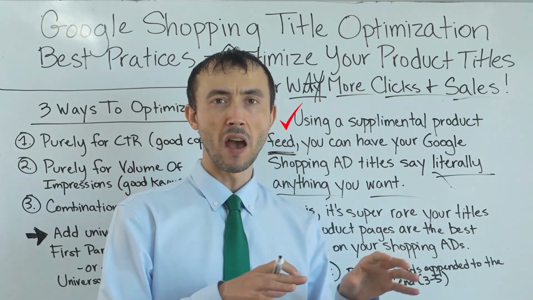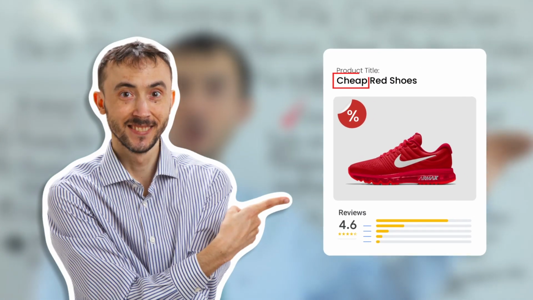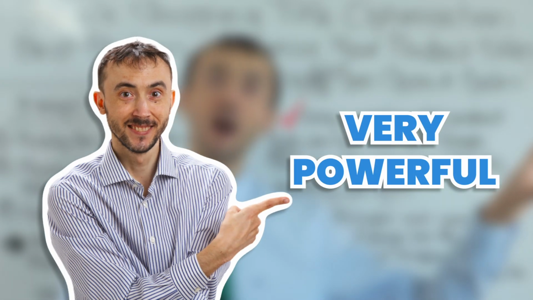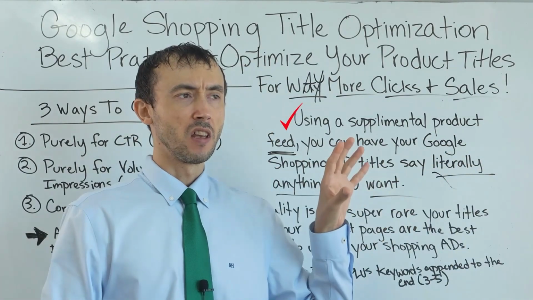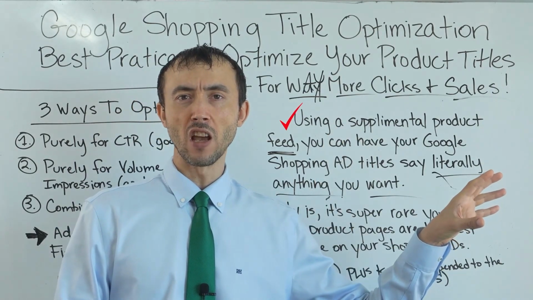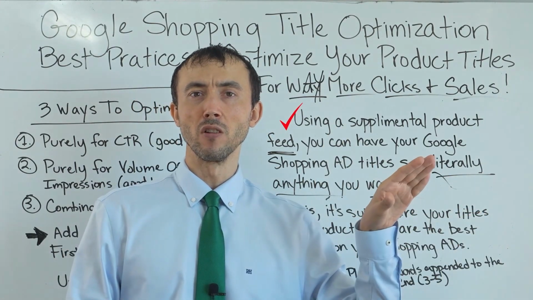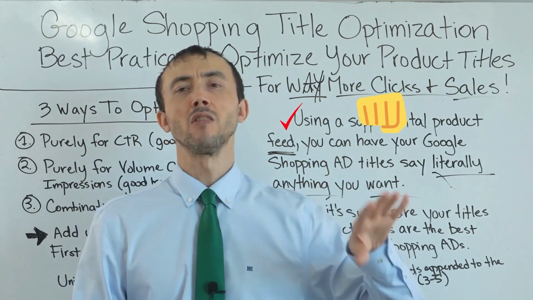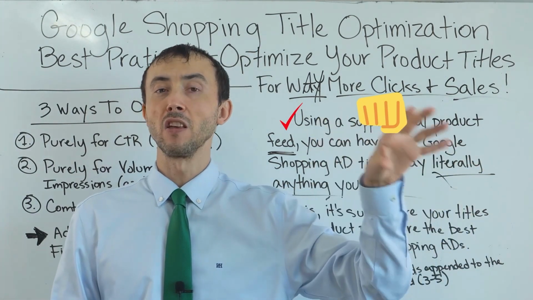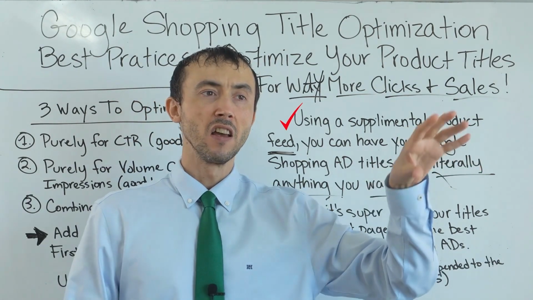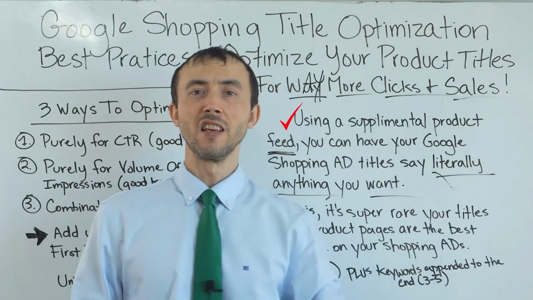Only when you're 100% confident in the strategy you have, whether it's adding the word cheap at the beginning of each of your product titles, or saying very powerful, or whatever you're doing, do you go ahead and change a bunch of them. You'll suffer some volatility in your results, given that you're going to make the system evaluate everything you have as new again to see if it will perform or not, but once you get through that, it's worth it for you at the end of the day.